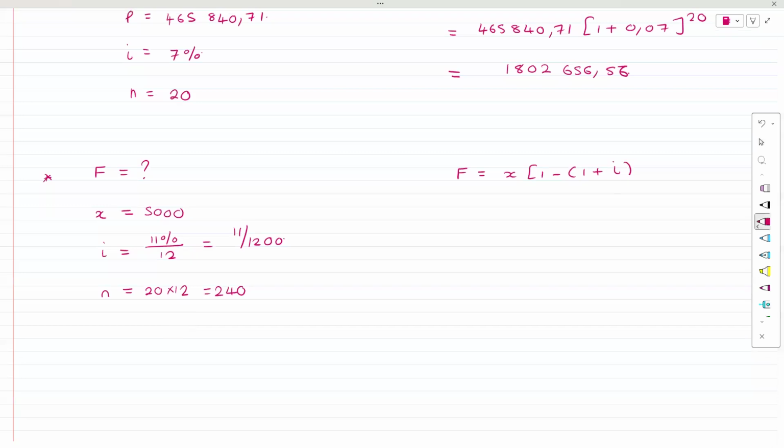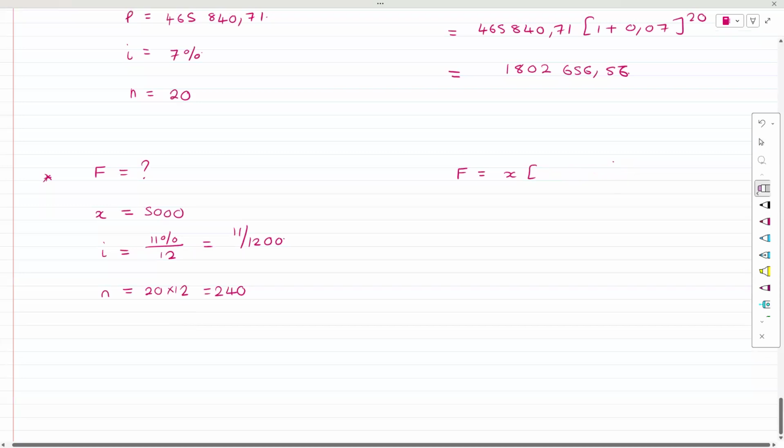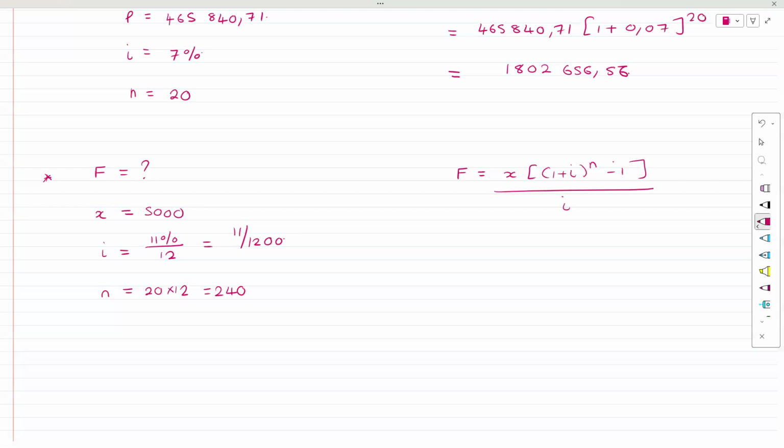I'm using future value, actually. So this is open bracket, 1 plus I to the power of n minus 1 all over I. Please double check everything. It's very easy to make mistakes with this. This is 5,000 into 1 plus I to the power of 240 minus 1.